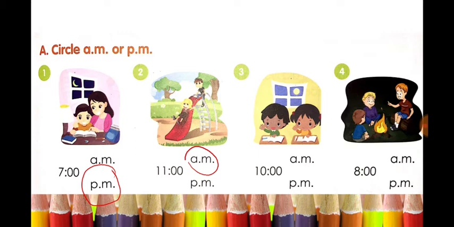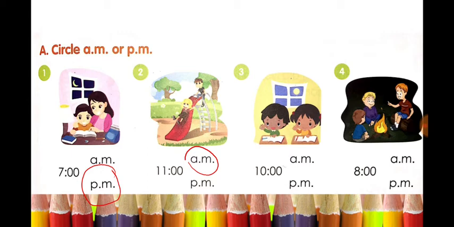Now here, 10. Here we have a class, two students raising hands to solve homework. I know the sky looks dark, but what is the time here? It's 10 AM or 10 PM with the sunny?